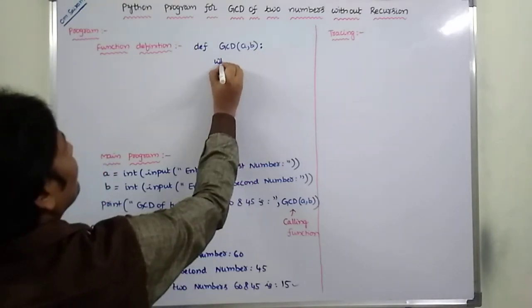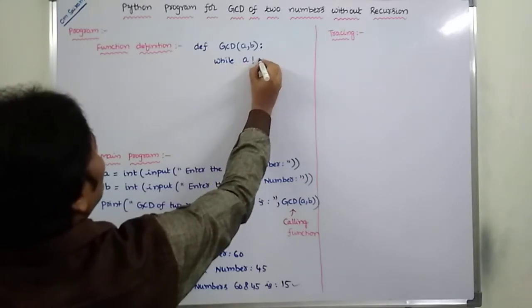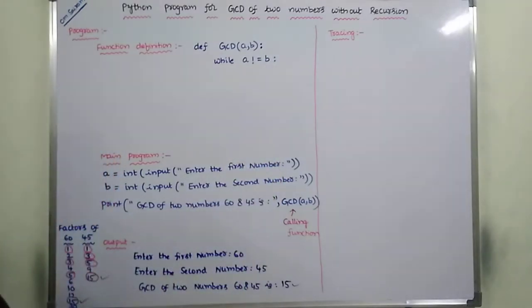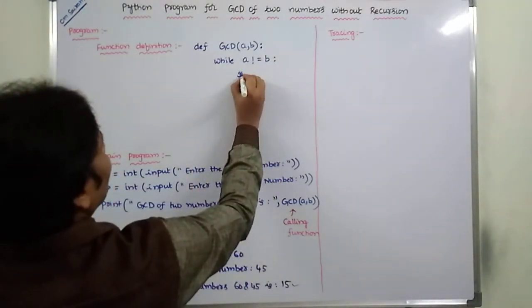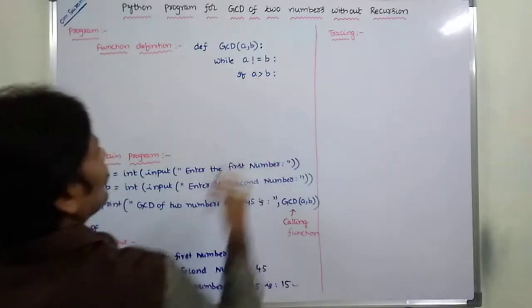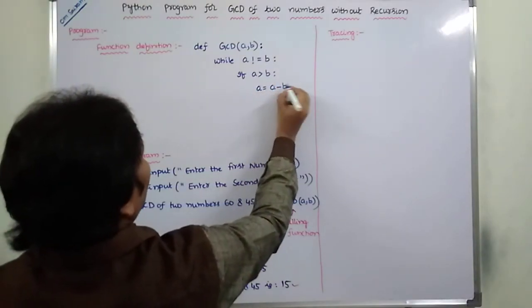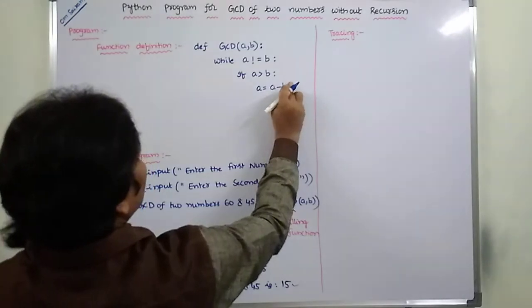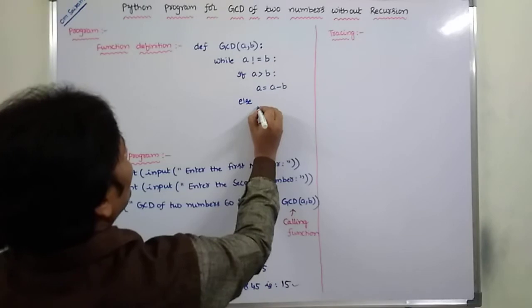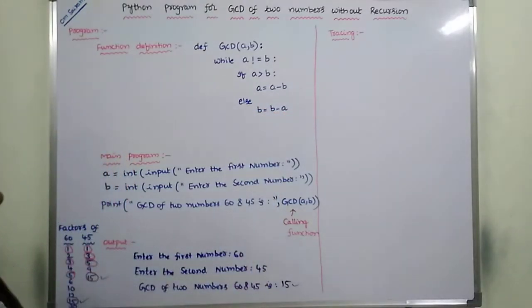In this one, while a not equal to b, next if a greater than b colon, a is equal to a minus b, else b is equal to b minus a.